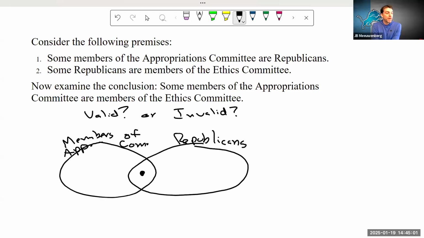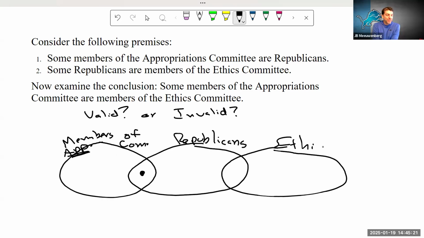Then we go to our second statement. Some Republicans are members of the Ethics Committee. Well, do we know anything about Ethics Committee members also belonging to the Appropriations Committee? It doesn't say anything about that. So what we might do is make another circle over here, say this is the Ethics Committee, and we know that some Republicans are also on the Ethics Committee. So this is what our diagram might look like. Let's look at the conclusion that somebody drew: some members of the Appropriations Committee are members of the Ethics Committee.